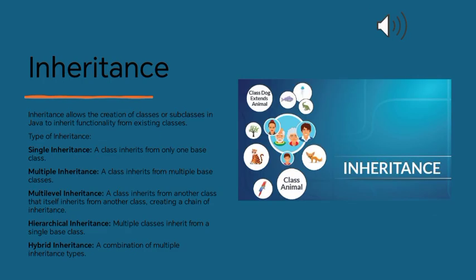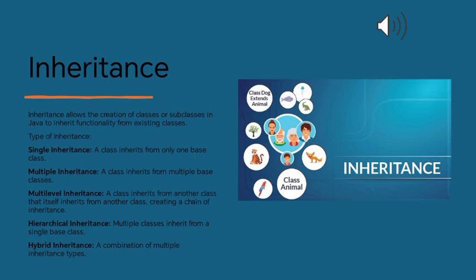The first one, inheritance, allows us to create classes and subclasses in Java that inherit functionality from existing classes. Types of inheritance. Single inheritance, meaning a class inherits from only one base class. Multiple inheritance, a class inherits from multiple base classes.